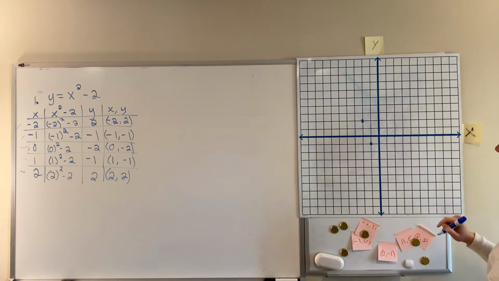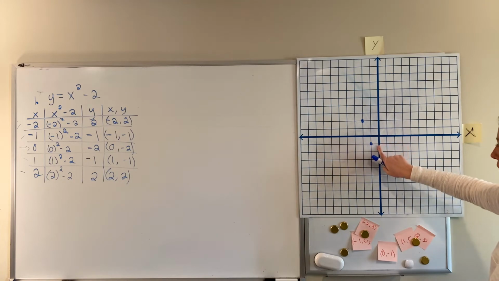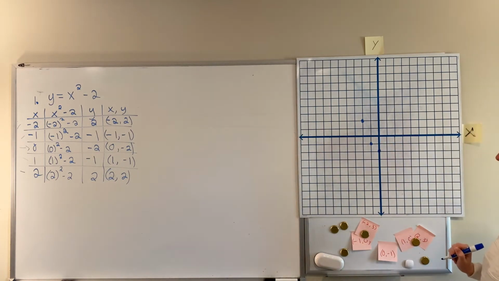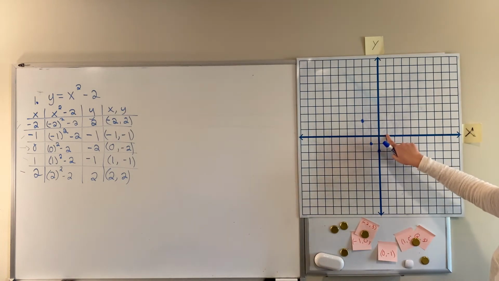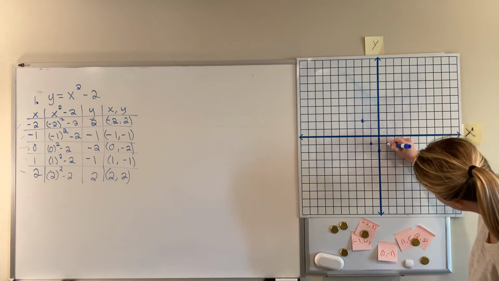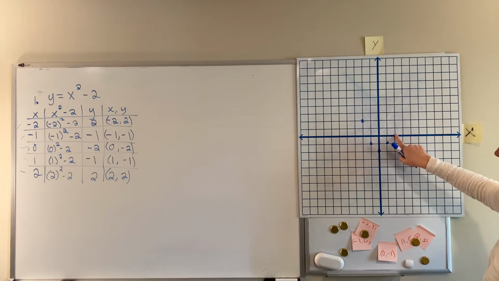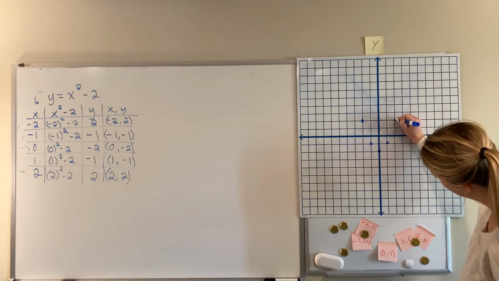Our middle point is 0, comma, negative 2. So when x is 0, y is negative 2. Put your point there. Fourth one, 1, comma, negative 1. So when x is 1, y is negative 1, right there. And then our last one is 2, comma, 2. So when x is 2, y is 2.